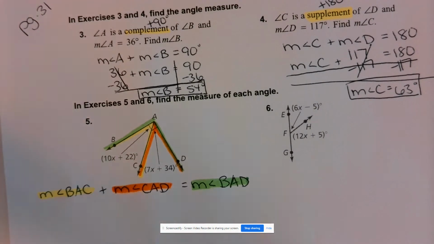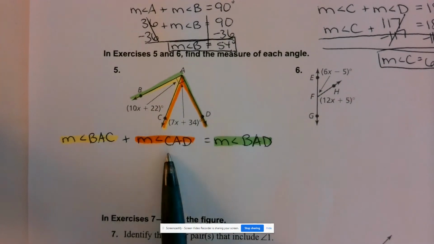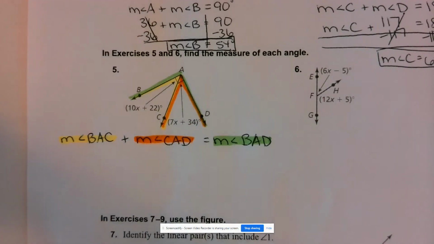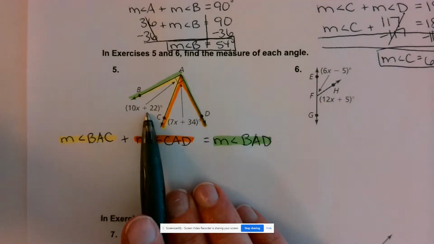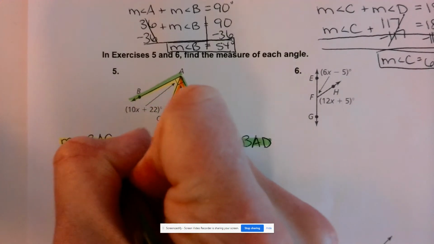So I have my equation here, and now I can go ahead and substitute in what I know for each angle. They tell me that the measure of angle BAC is 10x plus 22 degrees.